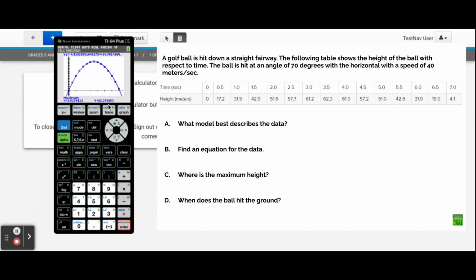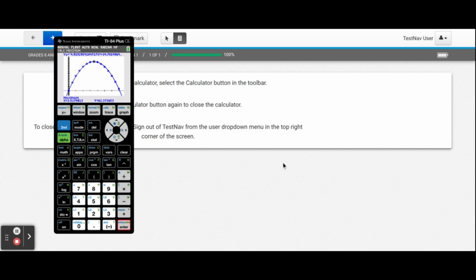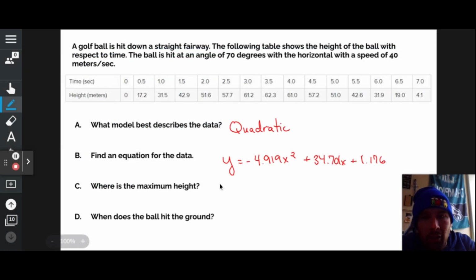But the actual maximum height, which I want to find, is going to be 62.3736. So I'm going to round that up to 62.374 meters. Let's write it out. All right, so the maximum height was me finding the maximum. So I had 62.374. What are we, meters?